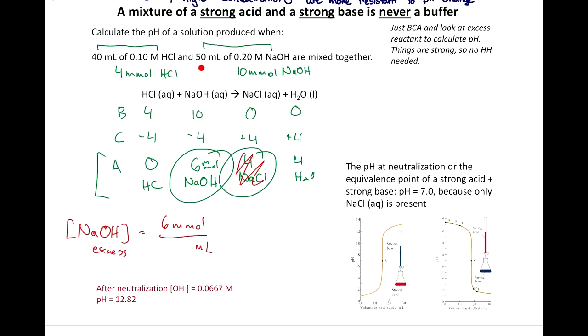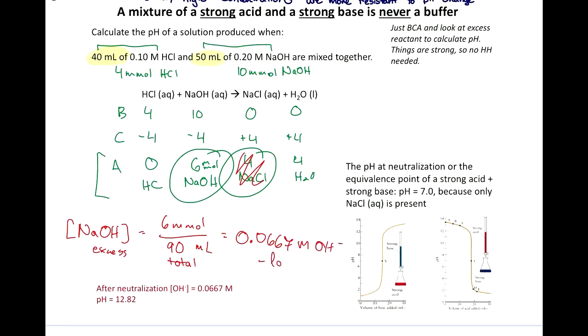Is it 50? It is not. It is actually 90. Yes, because you mixed 40 milliliters of that, 50 milliliters of the other thing. So this is 90 milliliters total. All right, so 6 divided by 90 is 0.0667 molarity hydroxide.